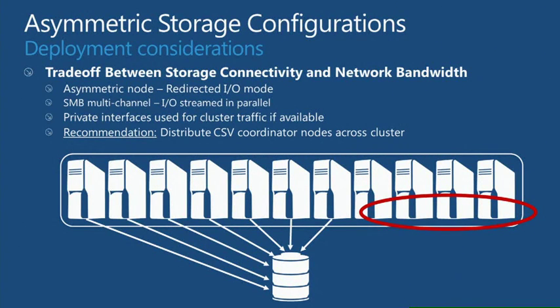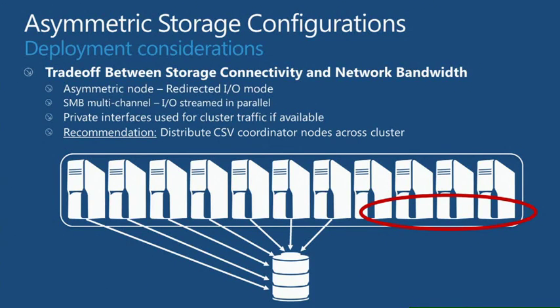That said, you have a trade-off here between having connectivity to your storage and your network bandwidth. If you want to have some nodes which are smart on compute intelligence but don't have connectivity to the storage, it might be more advantageous for you to split your workloads over multiple CSVFS LUNs, because then your IOPS are being sent through SMB sessions in parallel to different coordinator nodes.